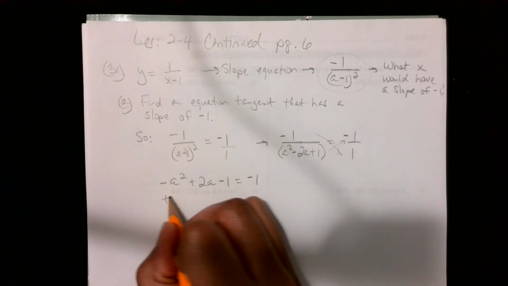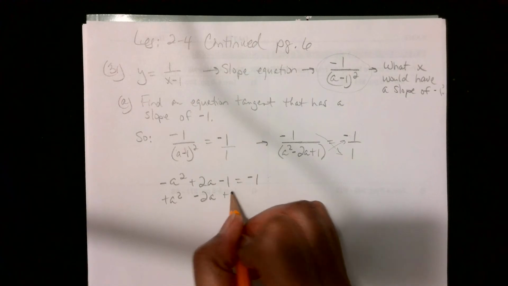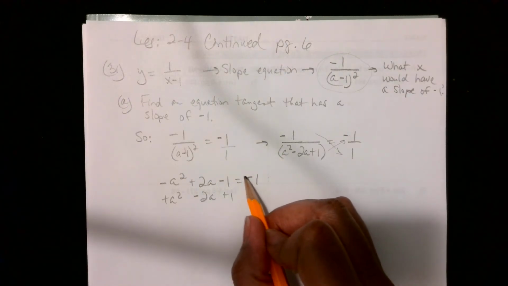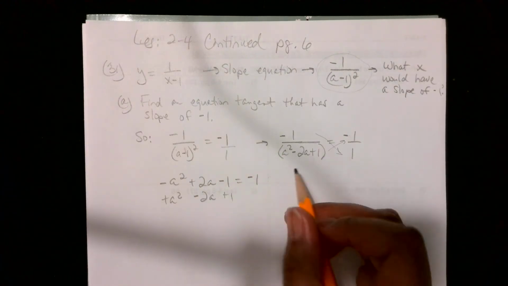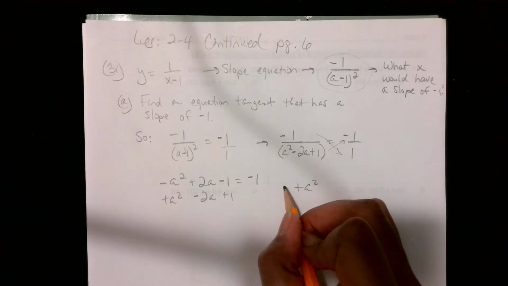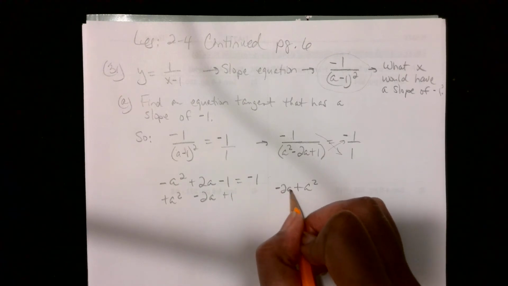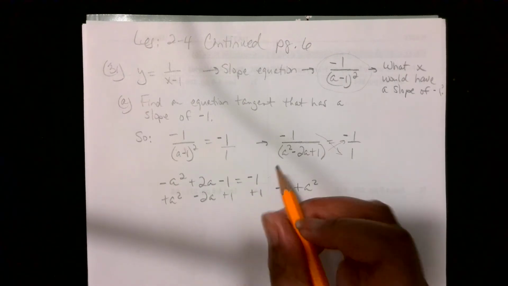So that's plus a squared minus 2a plus 1. And you do that over here. So it'll be plus a squared minus 2a plus 1.